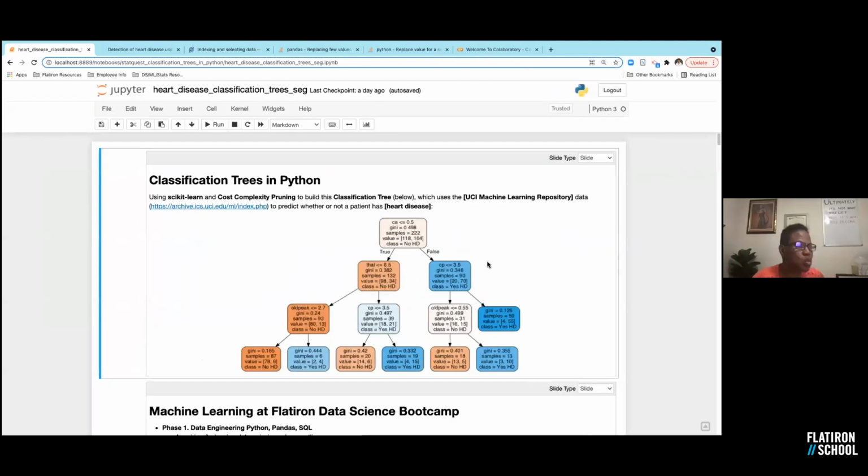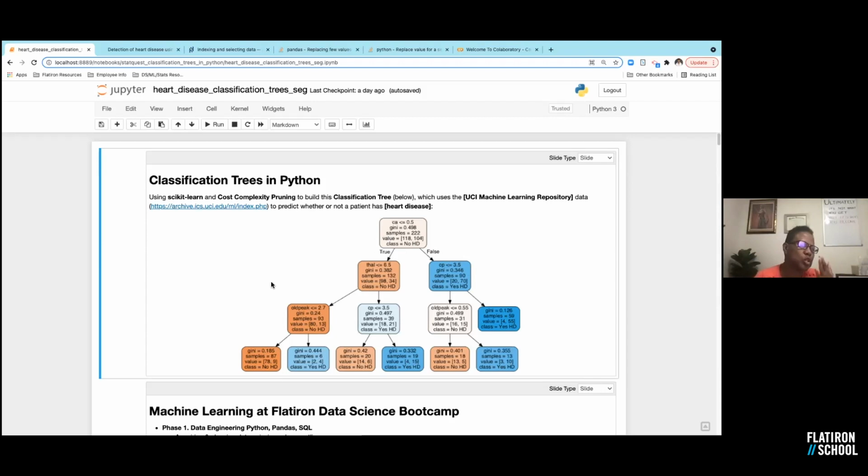So this is what a classification tree would look like for, in this case, heart disease, right? You would use your data to build one of these trees, and then you would be able to use it to make decisions about patients and their risk for heart disease or whatever disease you're trying to model.